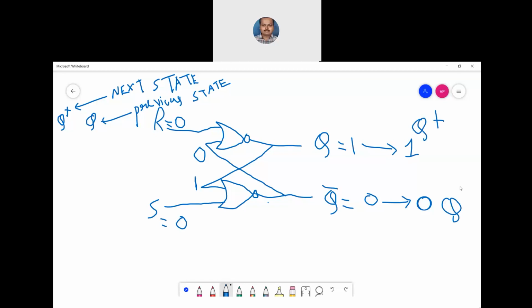For the complement, it is still equal to 0. It means that the next state is equal to the previous state. Everyone understood this one, right?